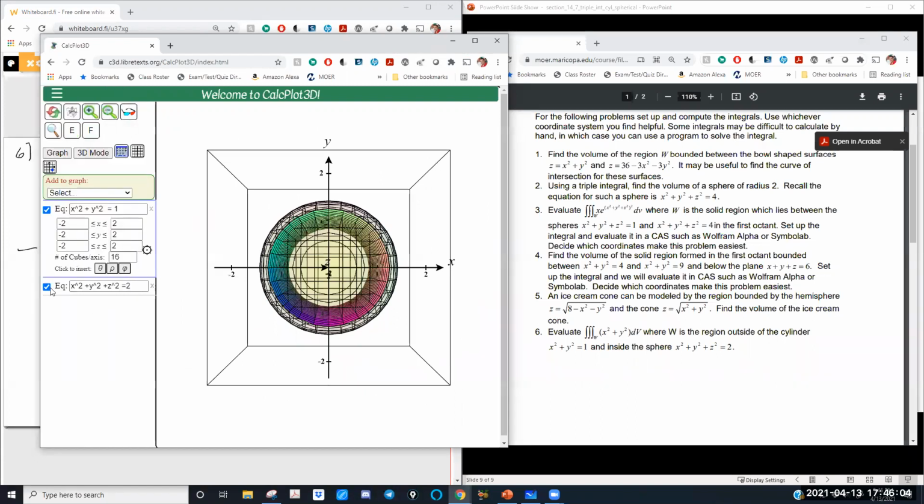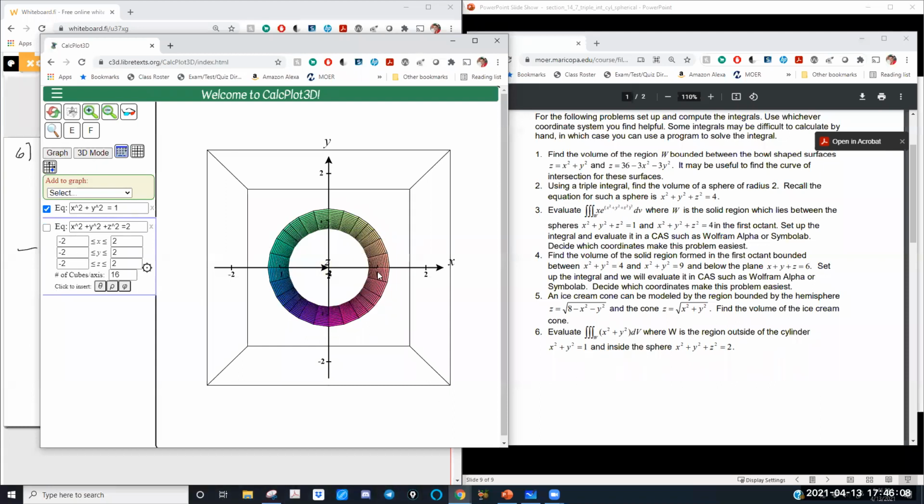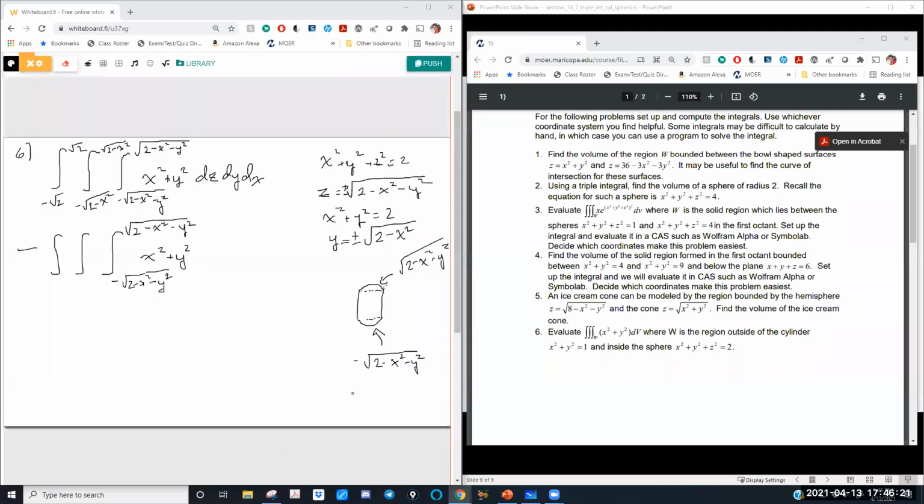If I get rid of the sphere, what we have is a circle of radius 1 in the XY plane. So that's where we have to do these sets of outside limits. That's basically going to be a circle of radius 1, which is x squared plus y squared equals 1. Not a huge surprise, right? That was our cylinder.